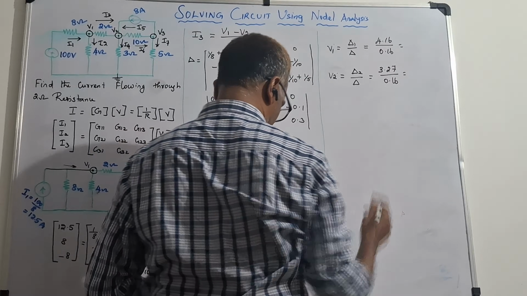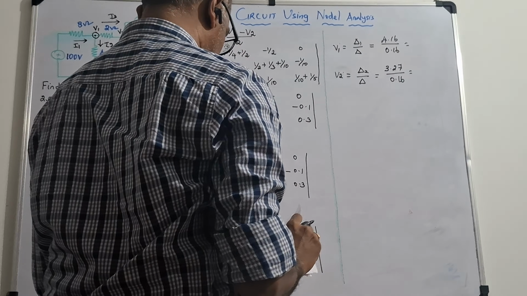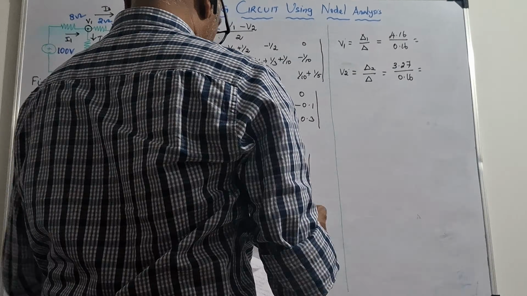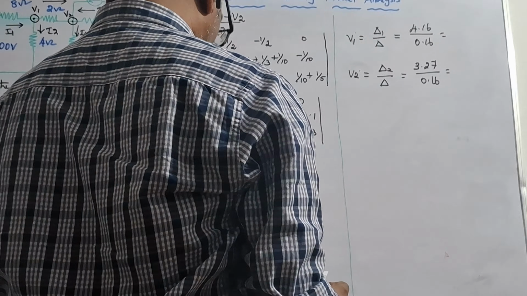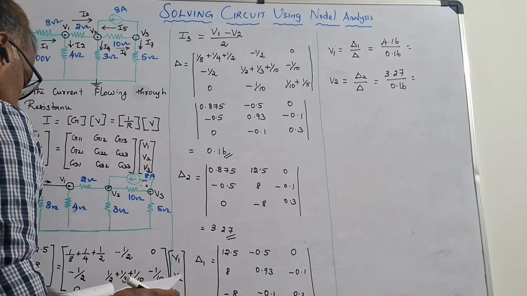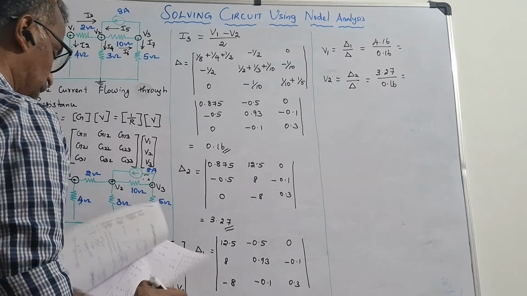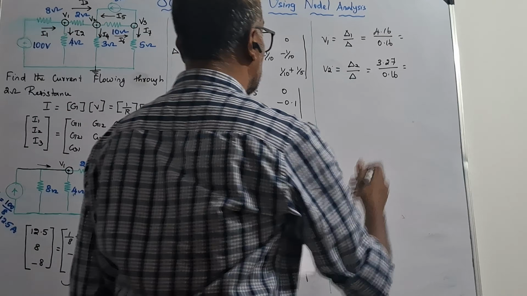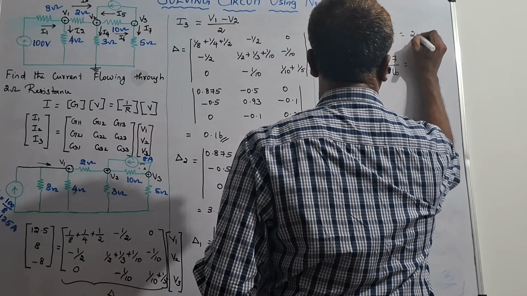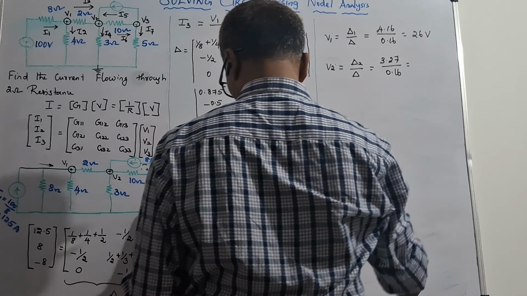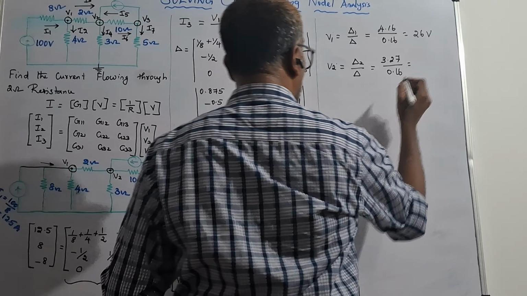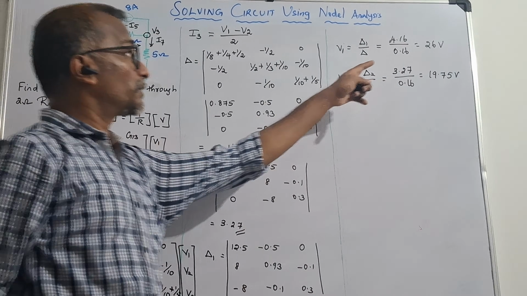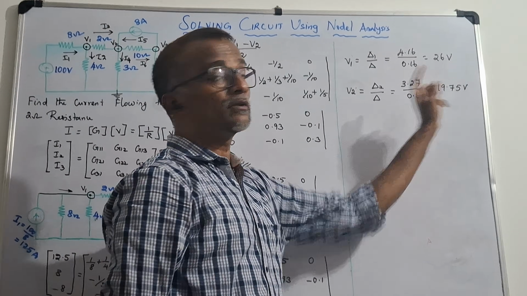So we will have the values of V1 and V2. V1 is nothing but 26 volt, and V2 is nothing but 19.75 volt.